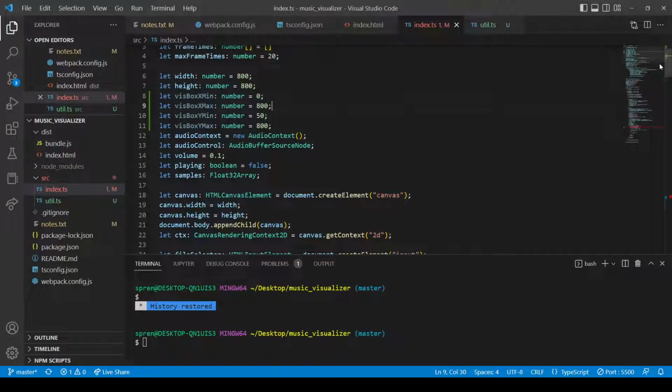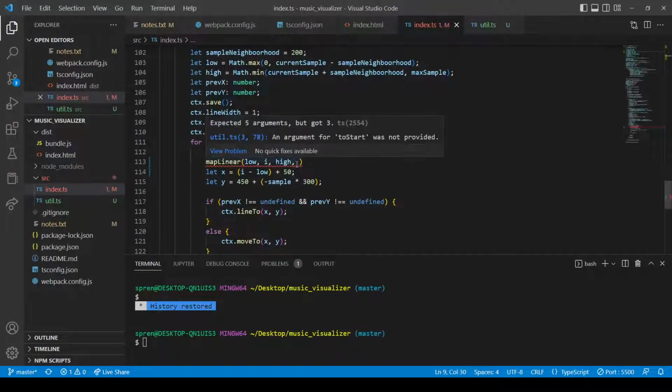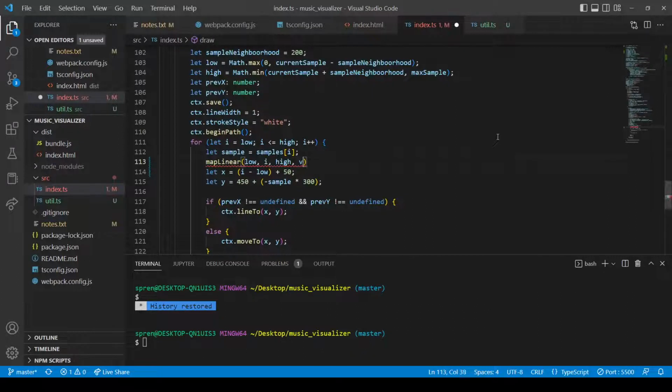I'm not sure what I'm going to do about that when it comes to using this great little map linear function. But I know the x min and x max. So that should basically solve that for me.